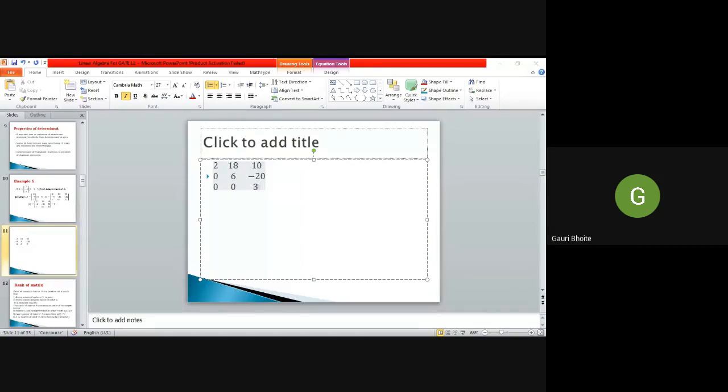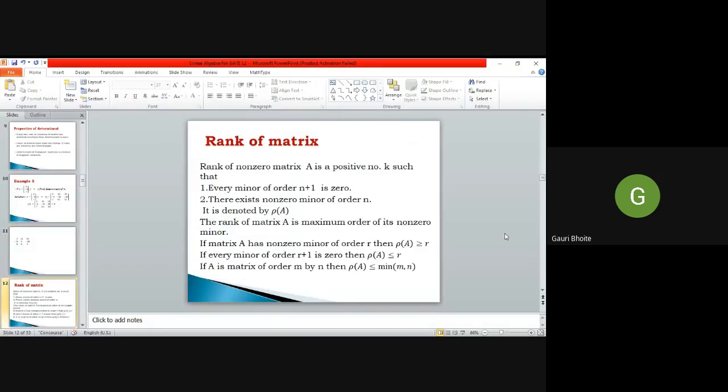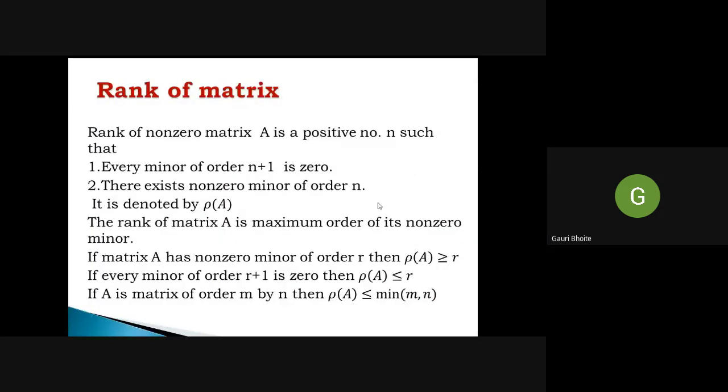Now we go to the next part, important: the rank of a matrix. Let me read the definition. The rank of a matrix is a number n such that every minor of order n plus 1 is 0 and there exists a non-zero minor of order n.